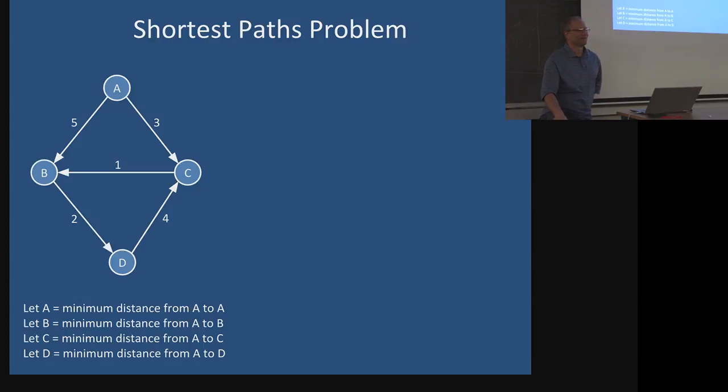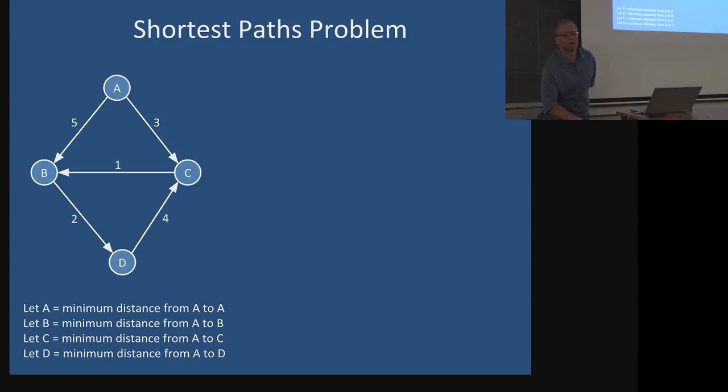Oh, well, I was going to say, B is equal to the min of either A plus the edge AB, or C plus the edge CB. Okay. So B can't be bigger than A plus 5, right? And B can't be bigger than C plus 1. Okay? How can we express that without a min?